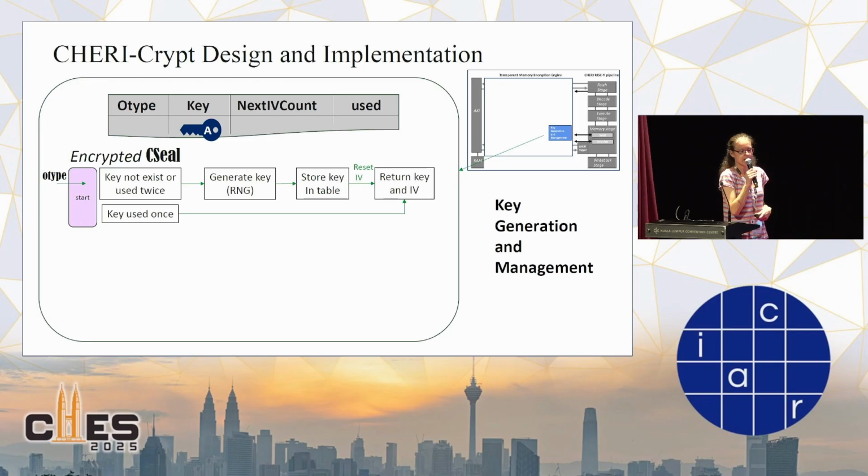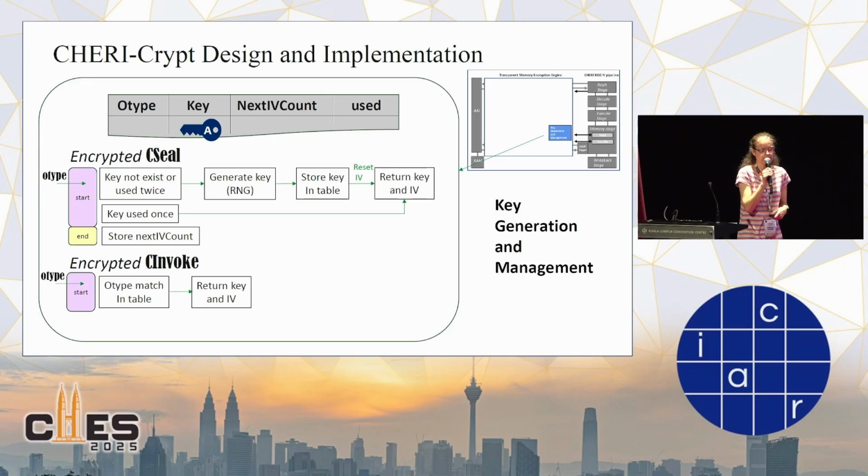If the key has already been used once, so that's when it has already encrypted the code capability, and now we want to encrypt the data capability, it'll simply look up the key in the table and return the key and a new initialization vector. At the end of the encryption process, it will then store the next initialization vector back into the table.